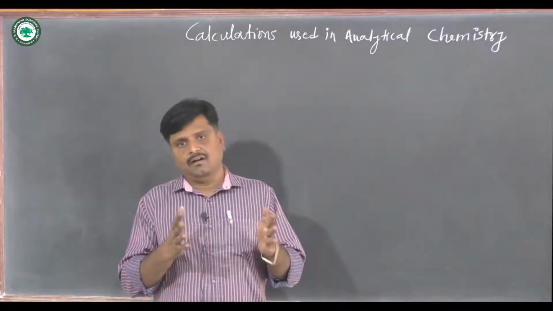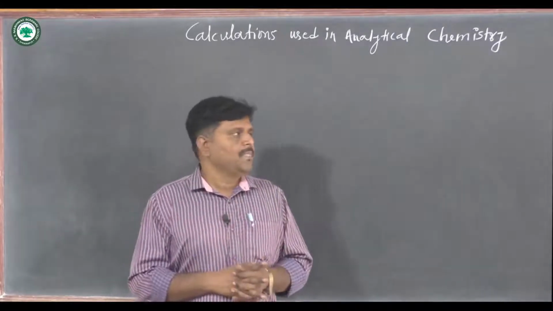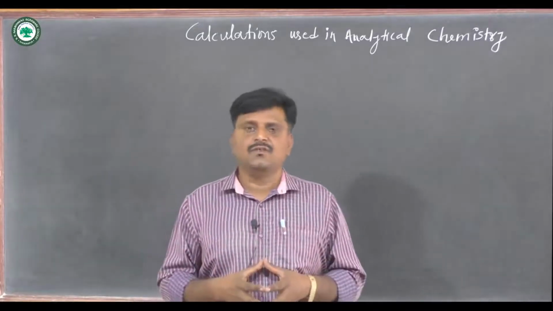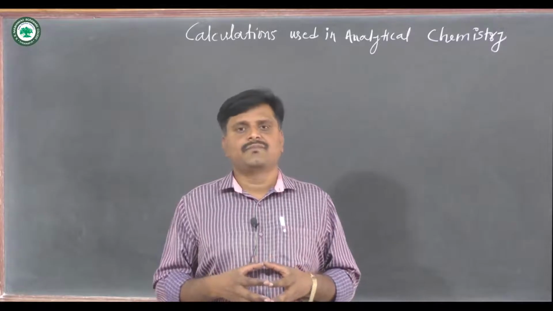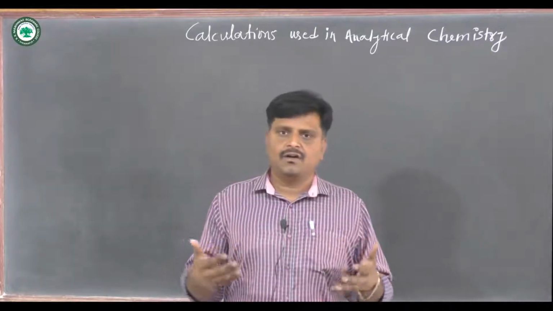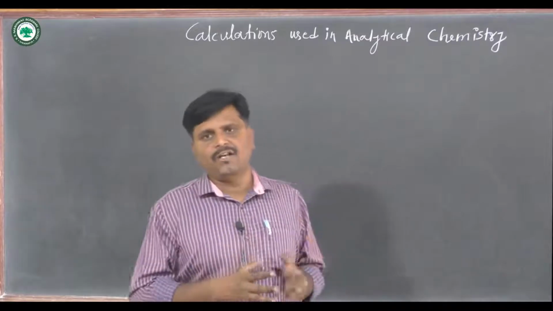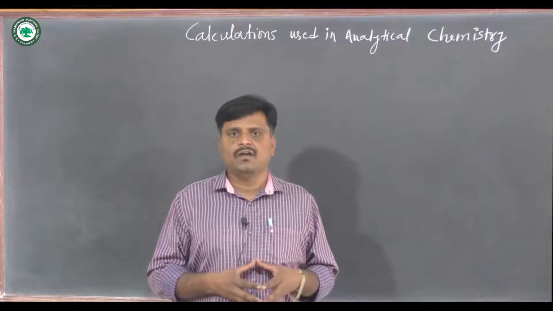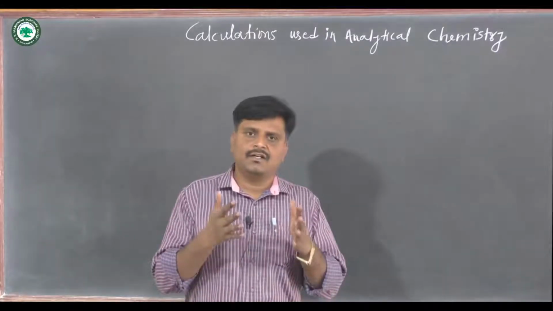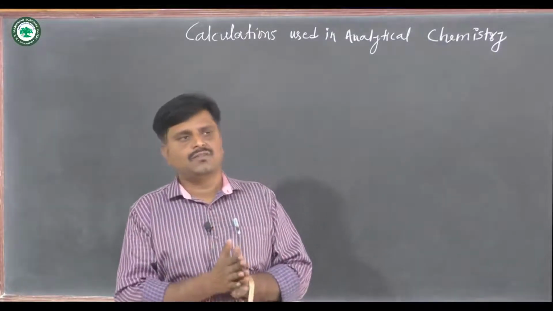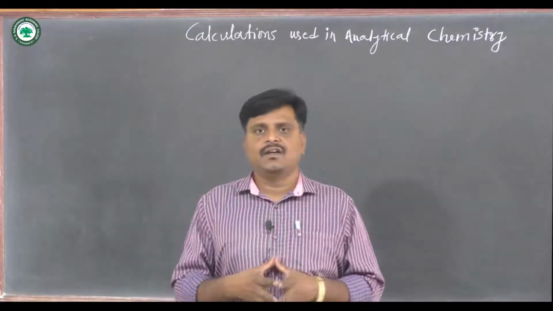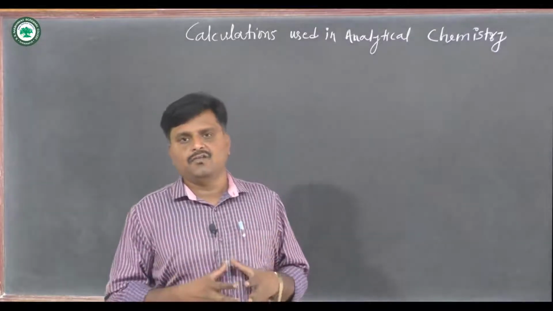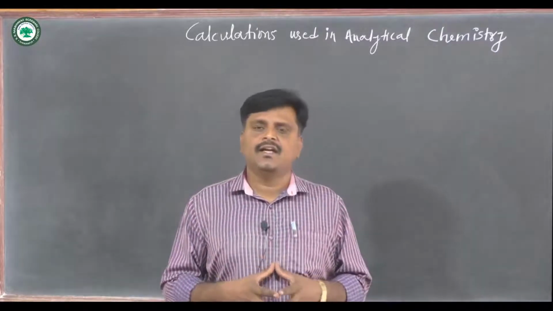A few years ago there were different systems used for units, for different types of measurements and different physical properties we want to analyze. The SI system is the one used worldwide.